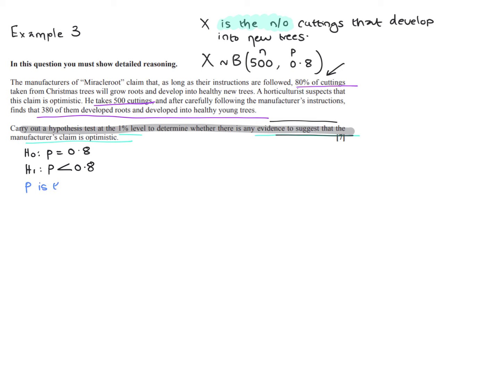So P is the probability, and you could frame this in terms of proportion as well. I've chosen to use the word probability.